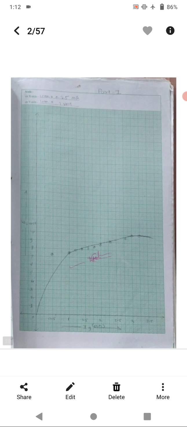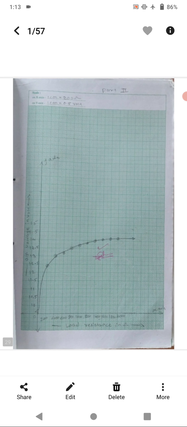In this way, when the gate current increases, the load voltage increases. Then the second graph is drawn using observation part second. Here the y axis is output voltage in volts and the x axis is load resistance. When the load resistance increases, the output voltage again increases.